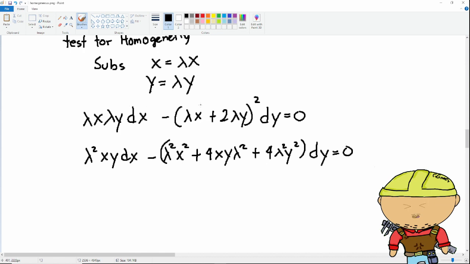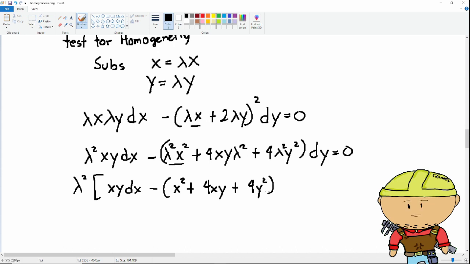Basically, we square the first term, we square the second term, and we multiply the first and the second term and multiply it by 2. So it becomes 4xy lambda squared. All terms have lambda squared. So lambda squared times the bracket xy dx minus x squared plus 4xy plus 4y squared dy is equal to 0.